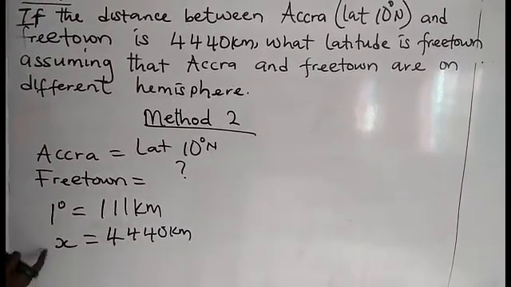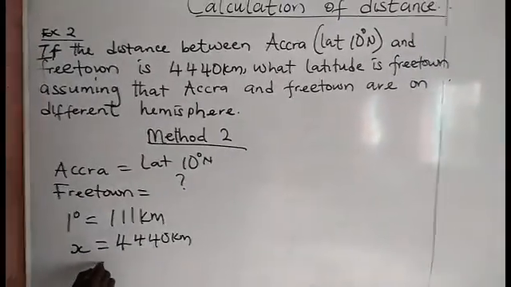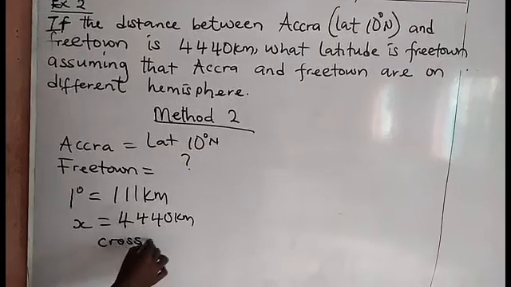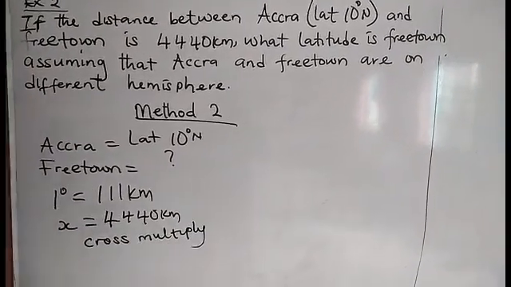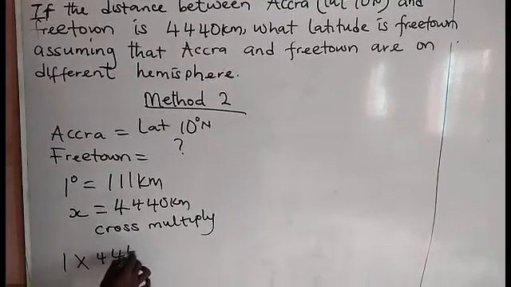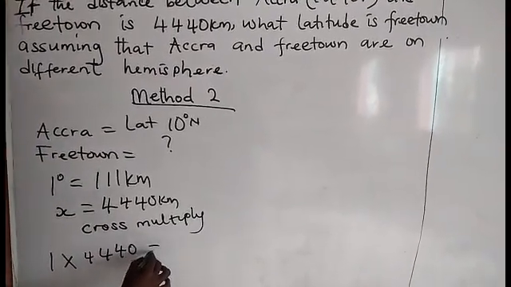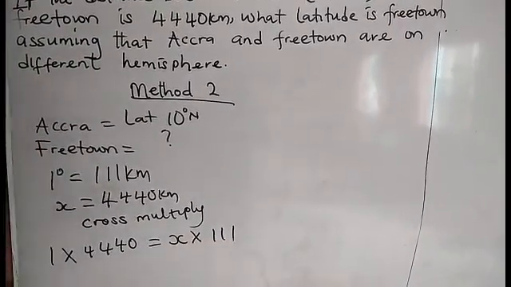Our x is unknown, that is what we're looking for. Are we together? So what we do here is we cross multiply. 1 times 4,440 equals x times 111.